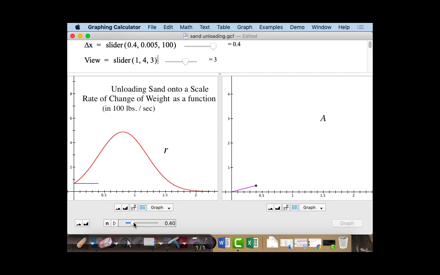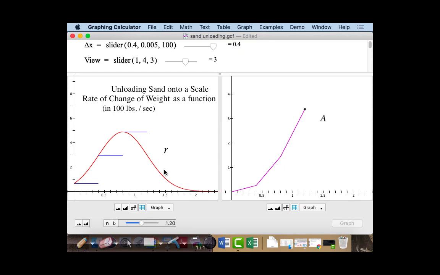But I also know that for the next 0.4 seconds, I'm going to use a higher rate, and then a higher rate again after that. So between 0.4 and 1.2, it begins to look like I've got this low rate, here's my second piece, here's the third piece of function A, the approximate accumulation of sand.